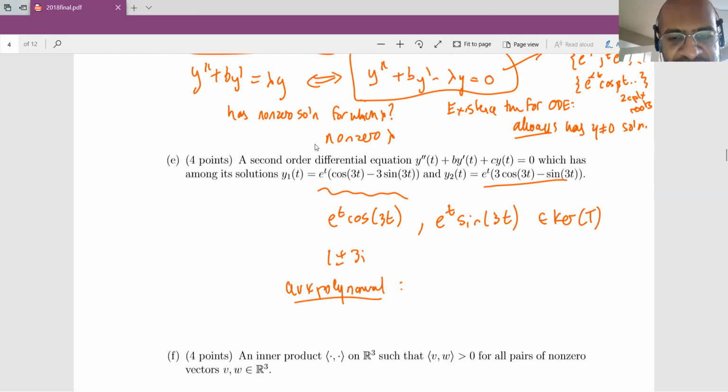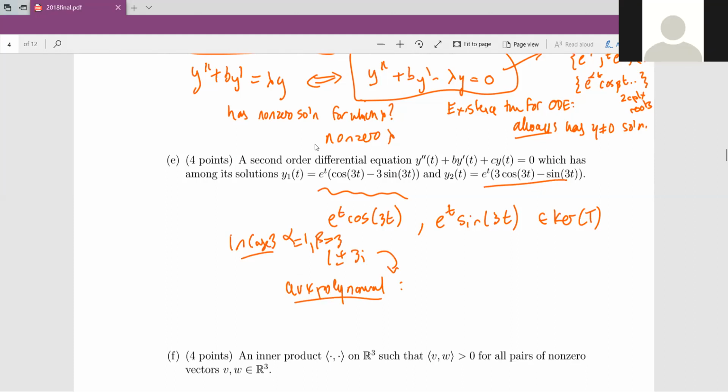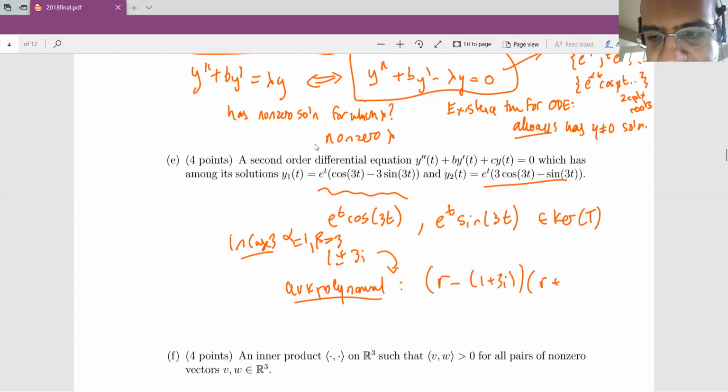How would you find that given these roots? So here you have alpha equals 1, beta equals 3, right? In case 3. So now what's the auxiliary polynomial given these roots? R minus 1 plus 3i, and then R minus 1 minus 3i.